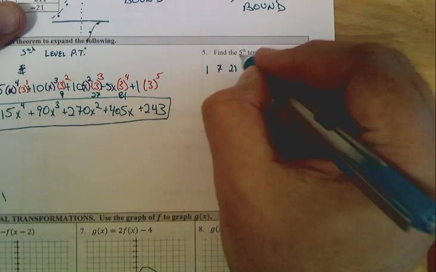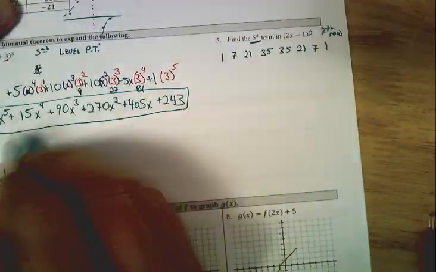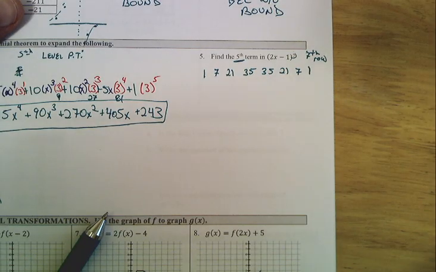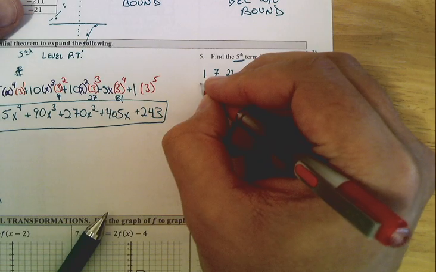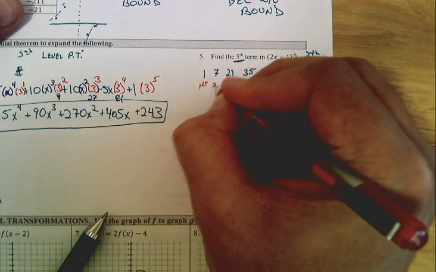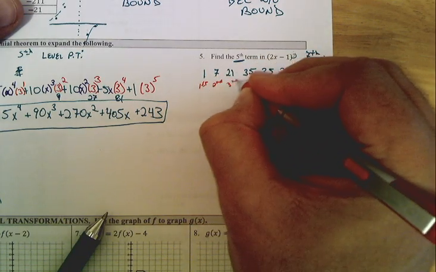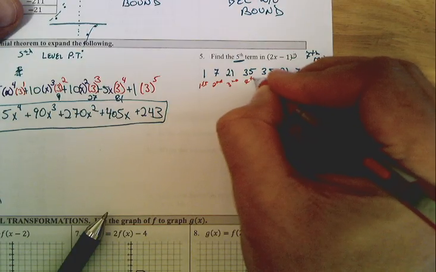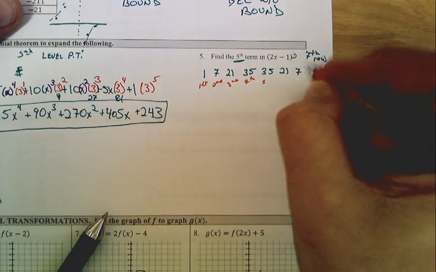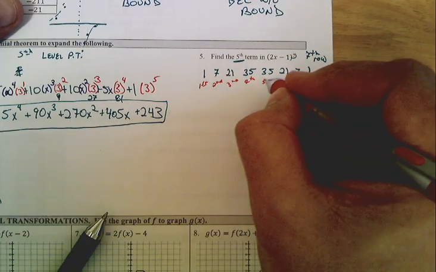And now I just want the 5th term. I don't need to expand the whole thing out like I did here. I just need the 5th term. So the first term would be this one. This would be the 2nd term. 3rd, 4th, 5th, 6th. So, the 5th term. Yeah, we need the 5th.